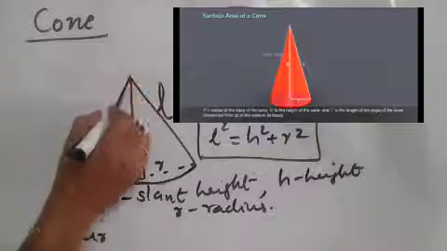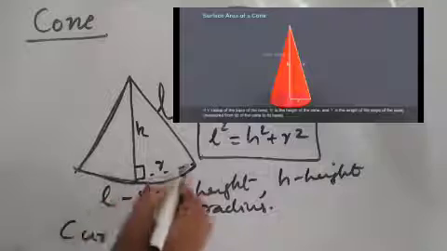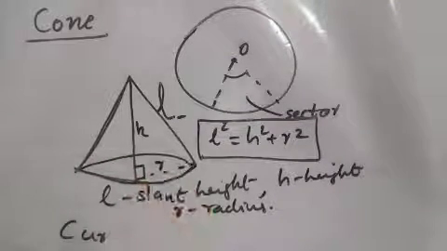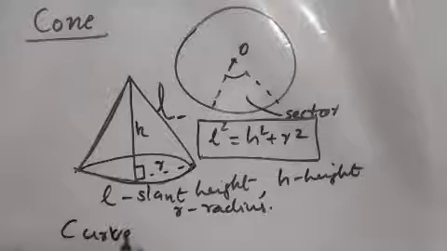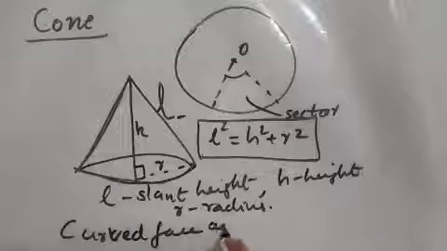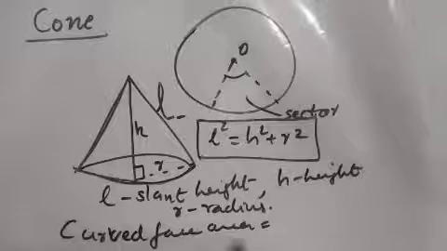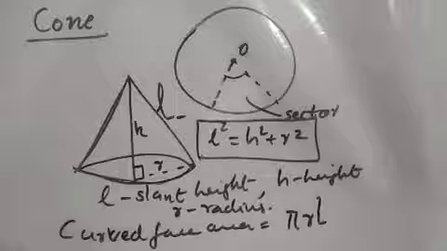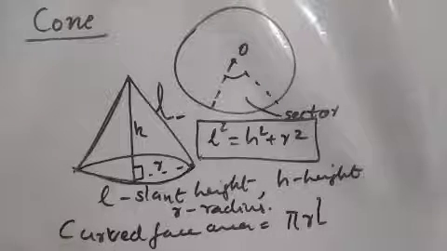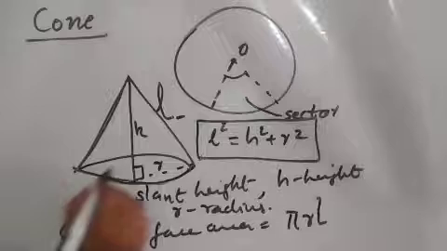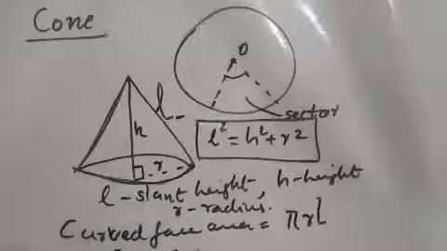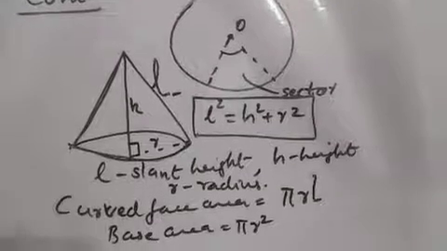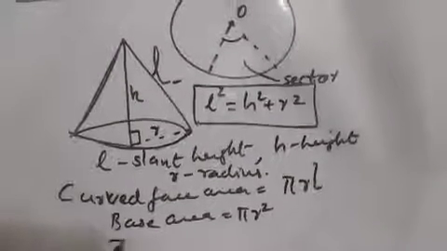We can see that a cone has two faces, one lateral or curved face and one base. So curved surface area is pi r L. And the base area, it's clearly a circle, so base area is pi r square. So how can we find the total surface area of a cone?